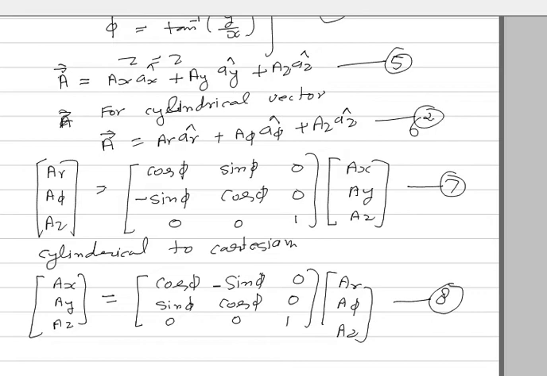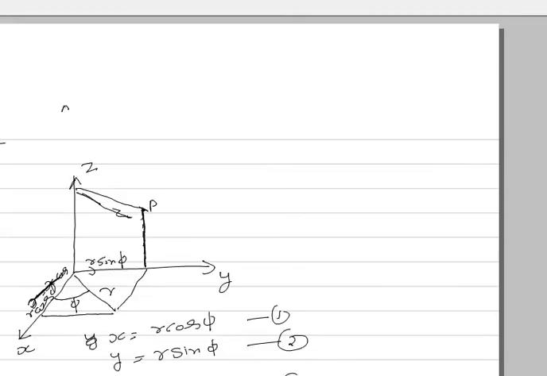Put the values of ar, a phi and az and determine the values of ax ay az, and put these values in equation 5, and after that you will get the complete vector in Cartesian coordinates. Okay, now we solve some problems related to transformation. Dear students, let us take the first example, example 1.